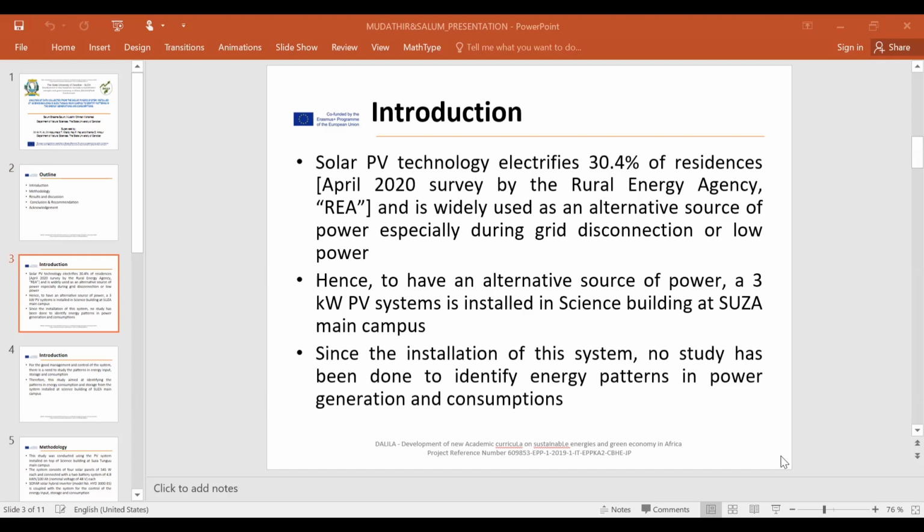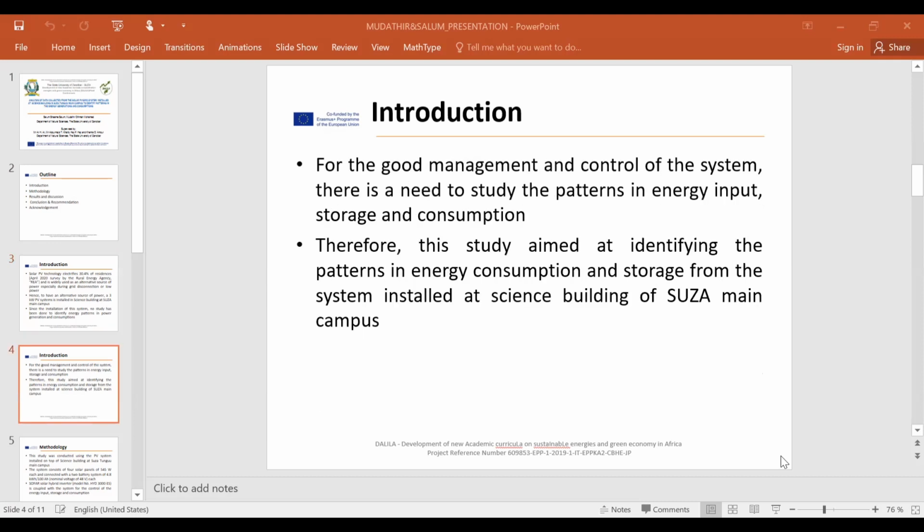For this problem of disconnection of the power or low power, SUZA at the main Tungu campus installed a solar PV system, so as to identify the pattern of energy generation and consumption for good management and control of the system.